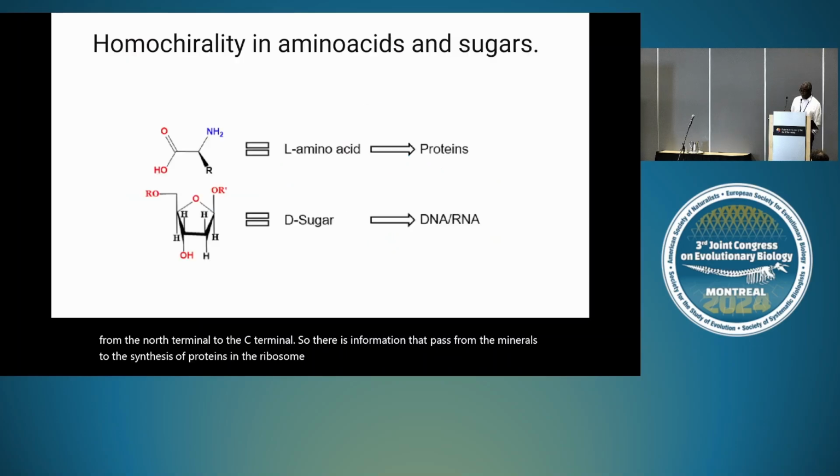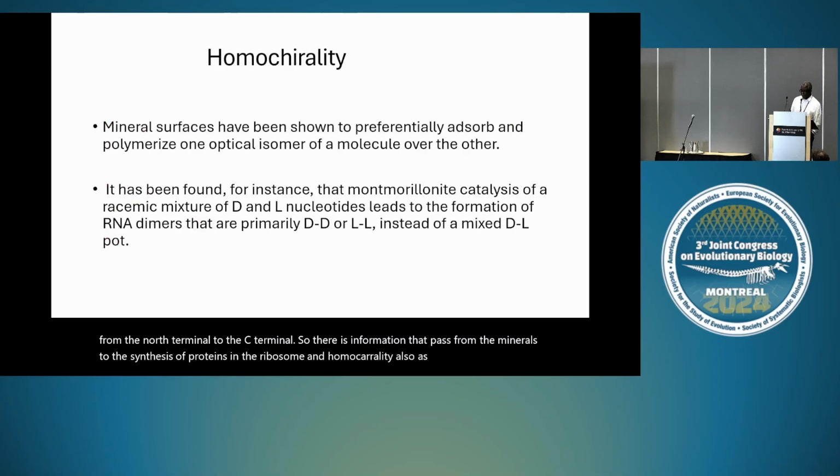And homochirality as well. It has been shown that mineral surfaces can preferentially adsorb one stereoisomer over another, whether the D or L isomer. And we know that in life, the proteins are made mostly of L amino acids, and the ribonucleotides mostly of D sugars.